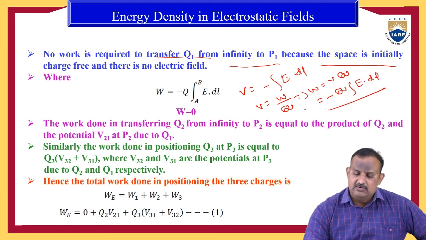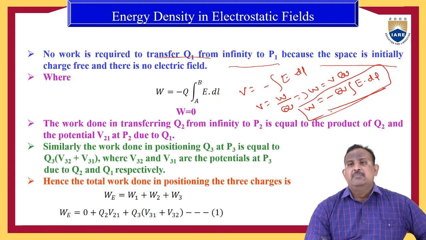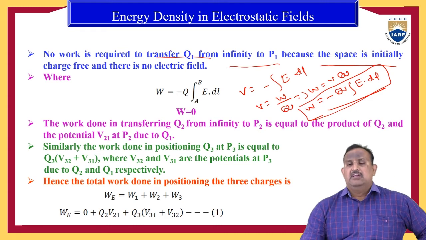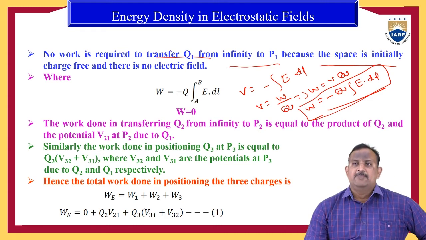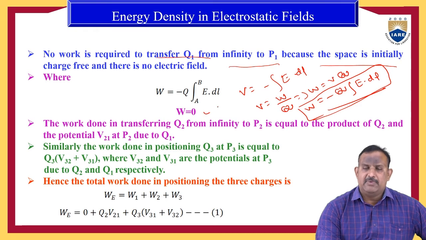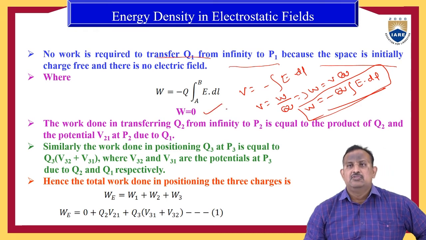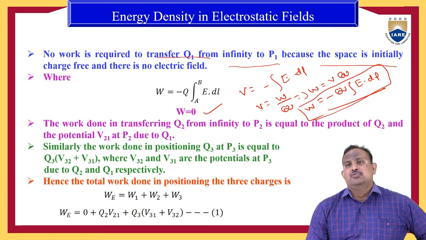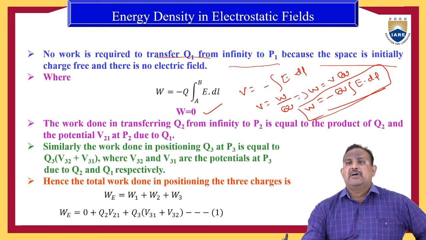This is the expression for work done in moving a point charge from infinity to some point in space. Because space is charge free, the work done required in moving a point charge Q1 is equal to 0.